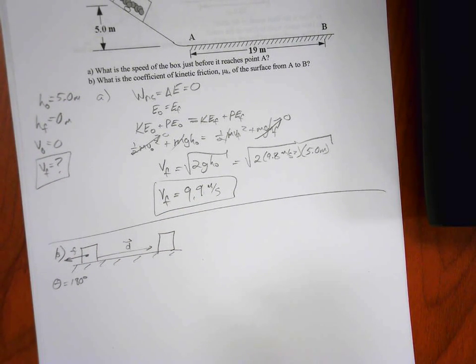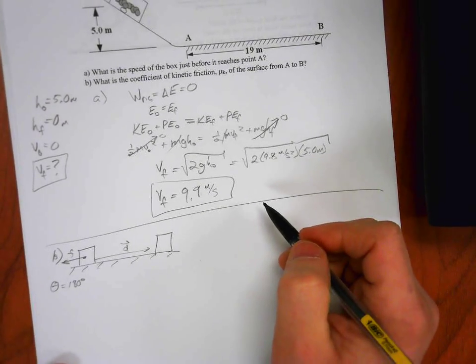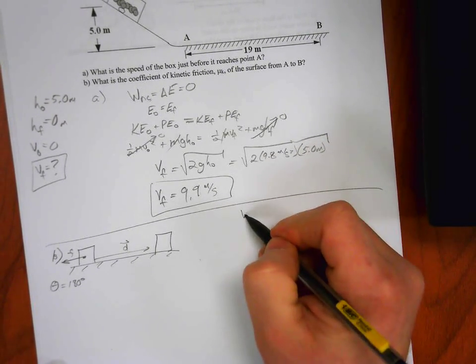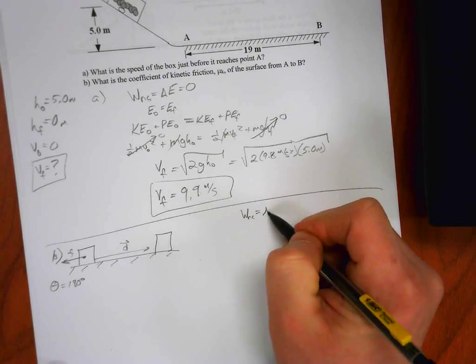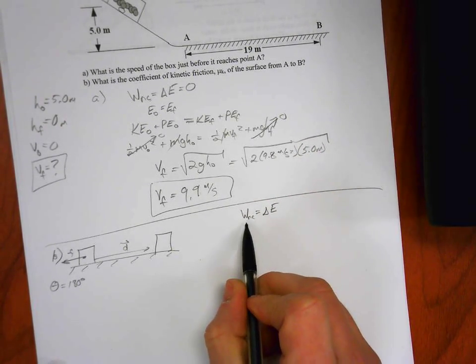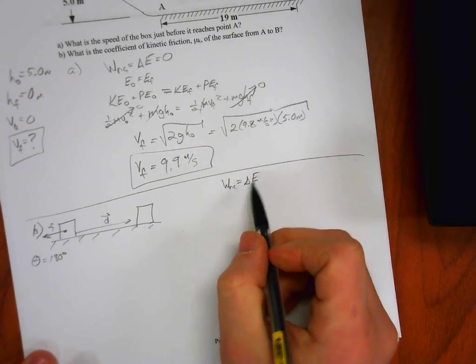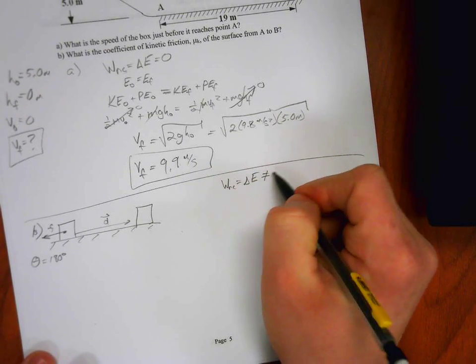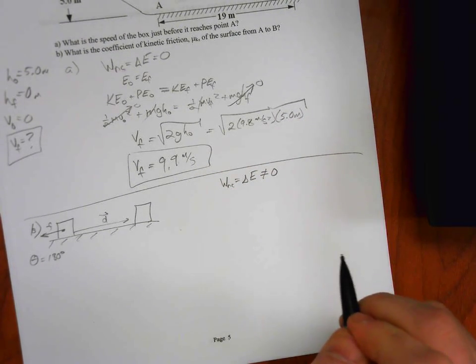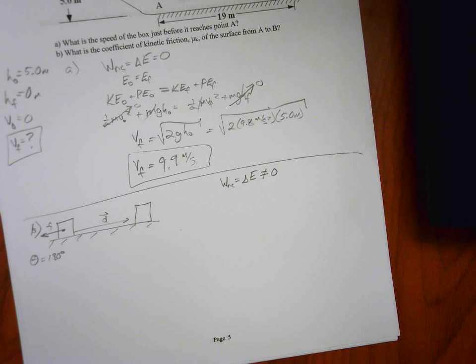All right, so let's look at the work-energy balance. The work from non-conservative forces is equal to the change in energy, which in this case does not equal zero because there is friction involved. Friction is a non-conservative force, and it's going to change the total energy of the system.